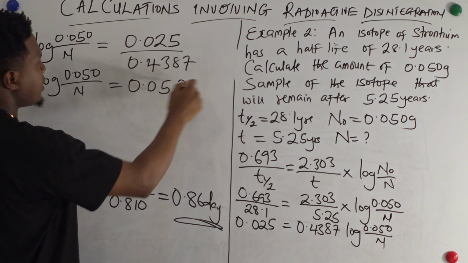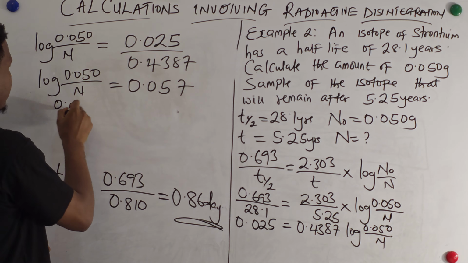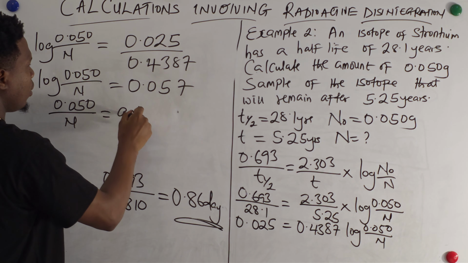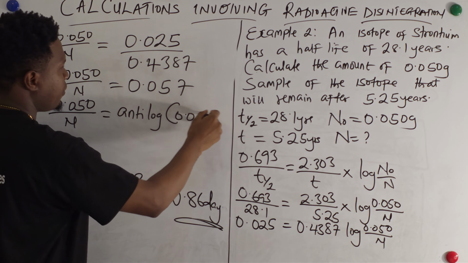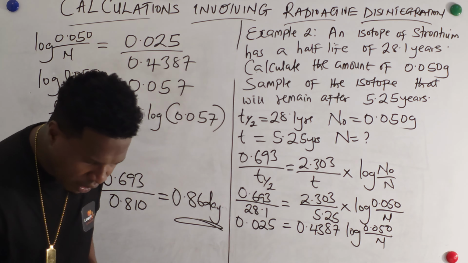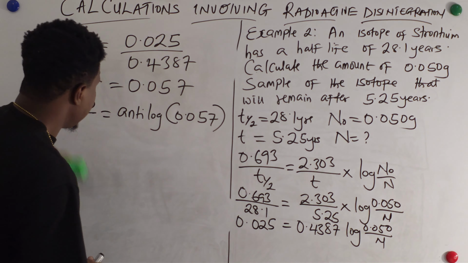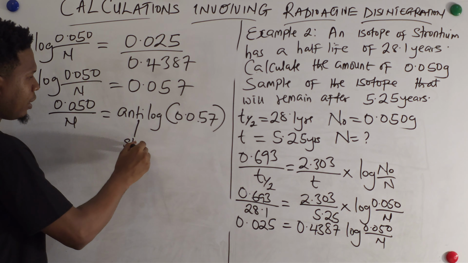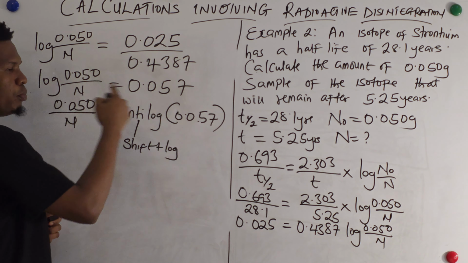Taking this log to the other side becomes antilog. So 0.050 over N is equal to antilog of 0.057. How do you get antilog? Just press shift plus log in the calculator and put in this value.